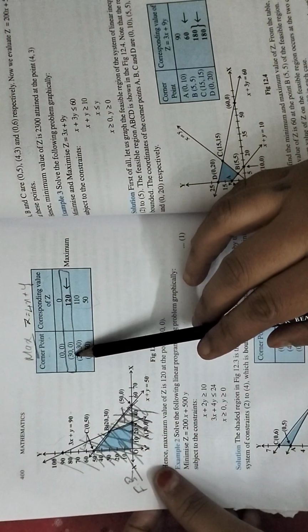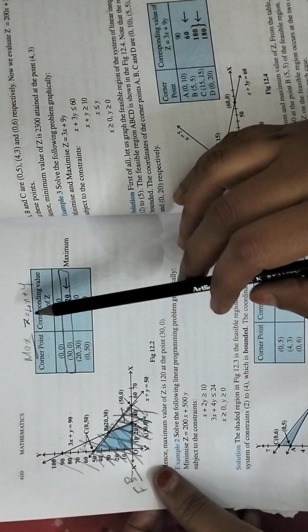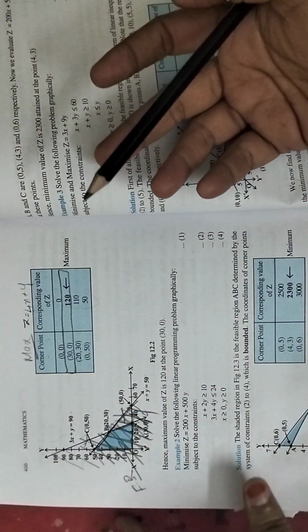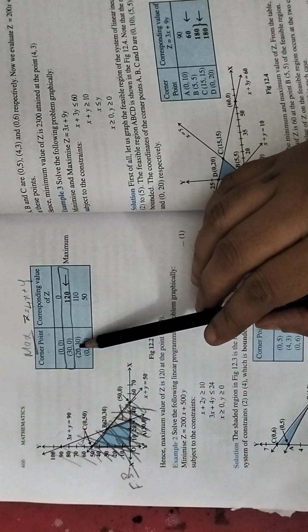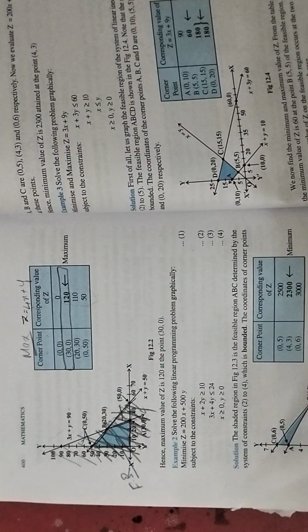If it is a maximization problem, after substituting into the objective function, the maximum value will be the solution. That means when x is equal to 30, y is equal to 0, this objective function has its maximum. It can be in terms of profit or any other parameter. But it is maximum when x is equal to 30 and y is equal to 0.